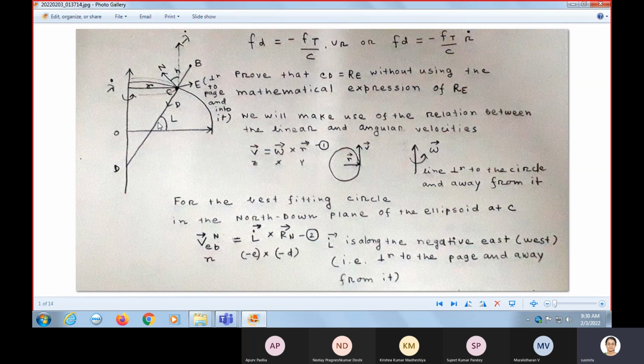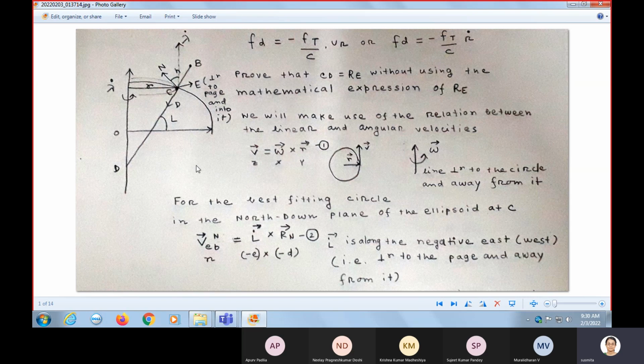R is the transverse radius of curvature, because we are considering the best fitting circle in the east-down plane, and the corresponding radius is the transverse radius of curvature by definition. So we have to take RE in the corresponding equation. This will be the east component, this will be RE, and the east component is along east, and then RE is along negative down axis.